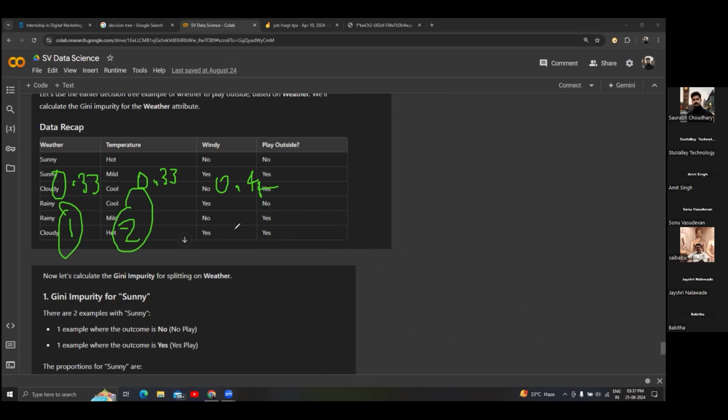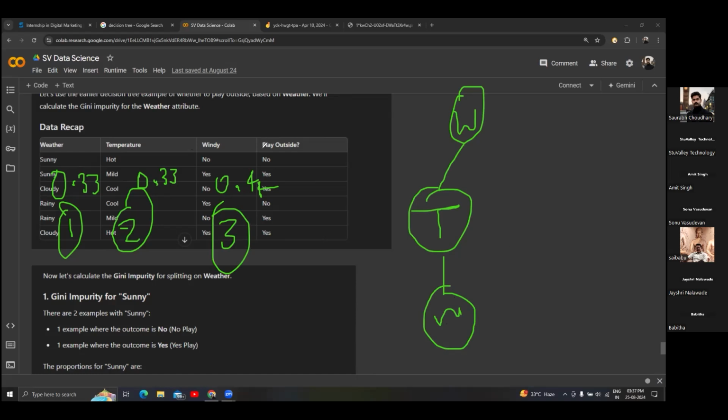Wind is impure, third number. Right? That's why weather should be on the top, and then you should have temperature. After temperature, you should put your windy. Okay? This is how you should follow.